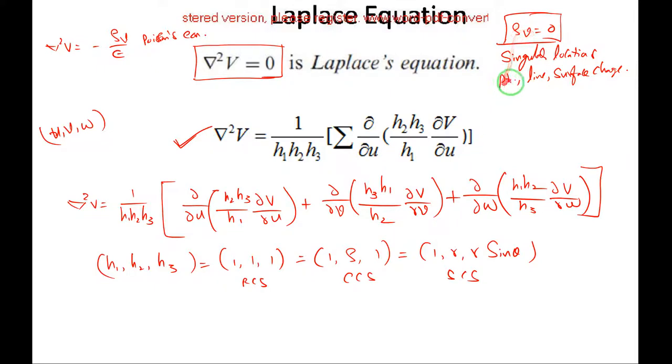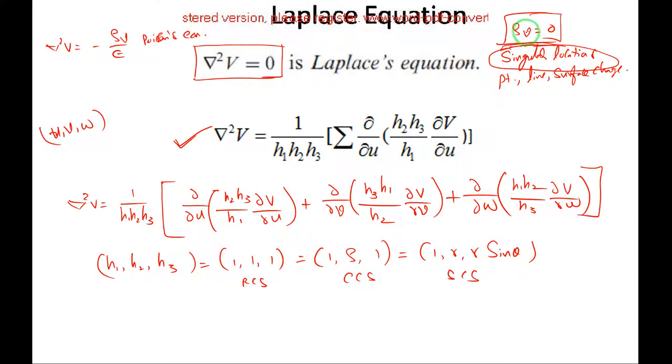Singular locations are where sometimes the mathematical equation will not obey. I hope you have heard of singular points. At singular locations, there may be point charge, line charge or surface charge exceptions.